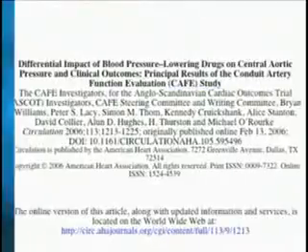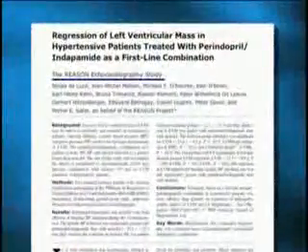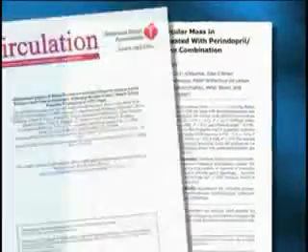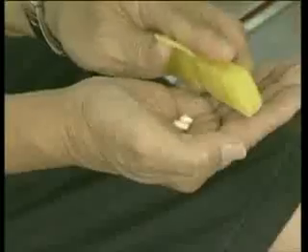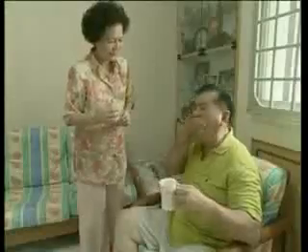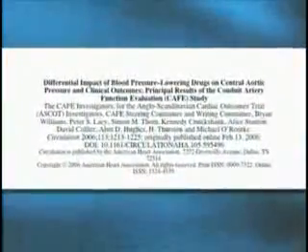There are big studies like the CAFE study, the REASON study. All these studies have shown that different drugs can affect the central pressure differently. For example, in the CAFE study, we have two groups of over 2,000 patients followed up for the next 5 years on the same blood pressure level that had been kept for 5 years.